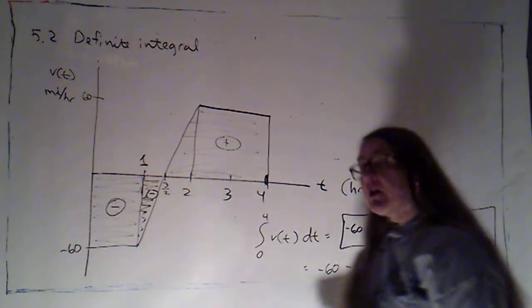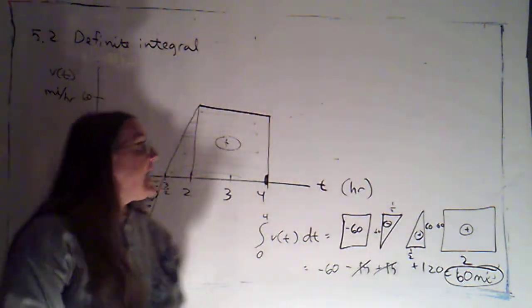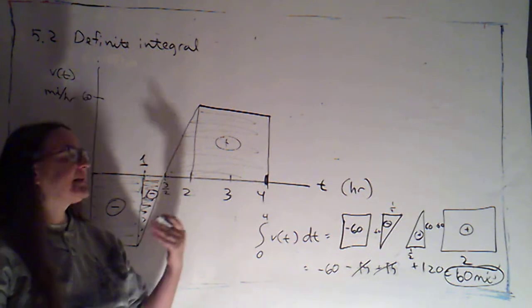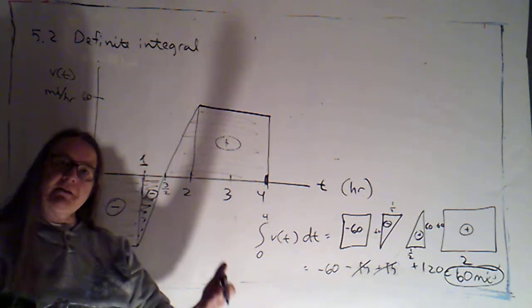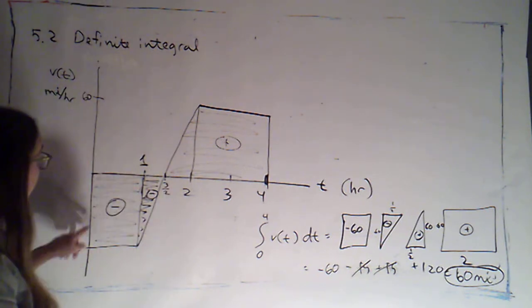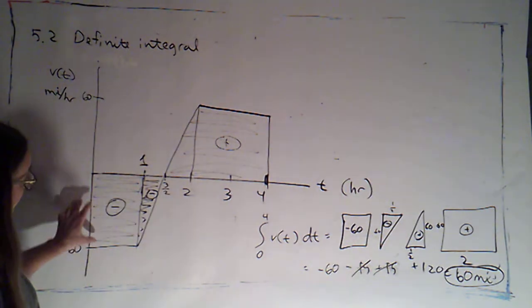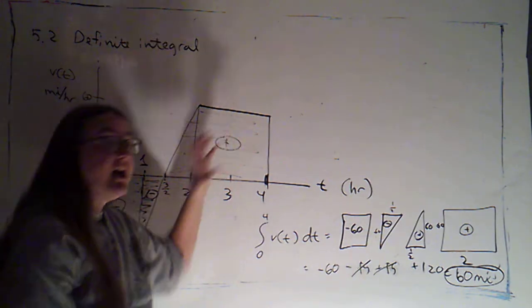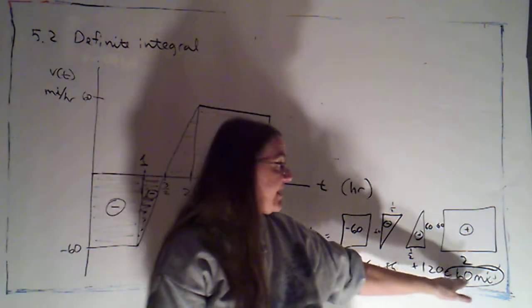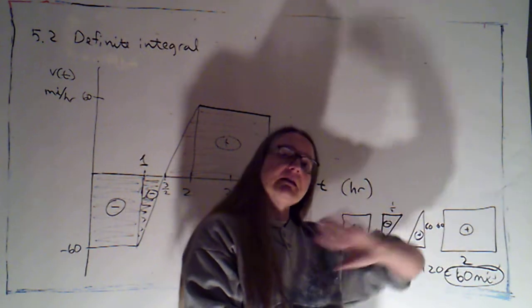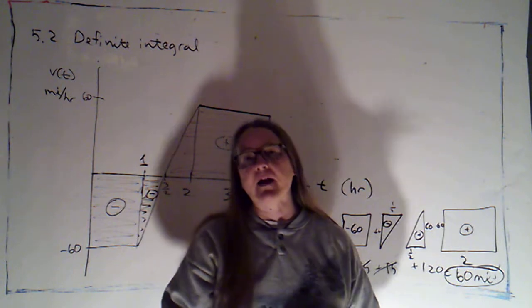So if I'm integrating velocity, I'm going to get not distance, which is what I get if I integrate speed, but displacement, which is the difference between where I ended and where I started in this problem. So if I traveled this far in the negative direction and that far in the positive direction, the net result is I traveled 60 miles more in the positive direction, so I've ended up 60 miles in the positive direction from where I started.